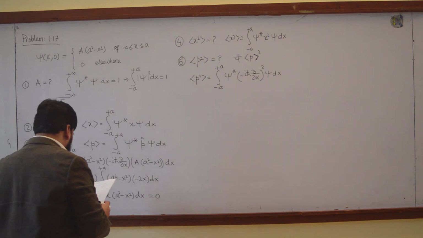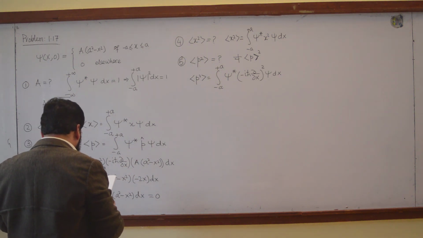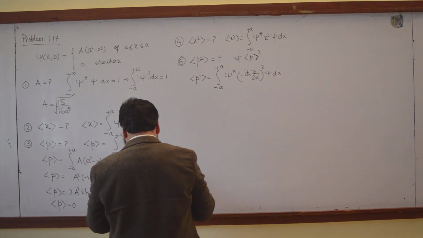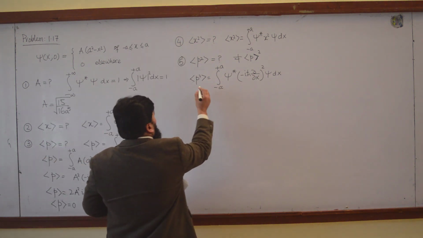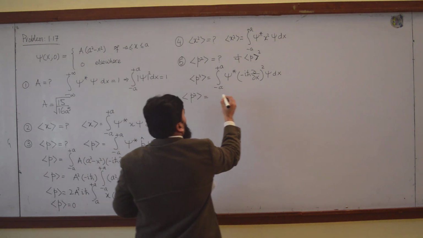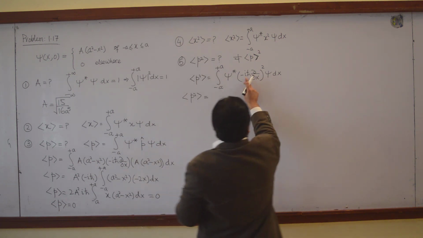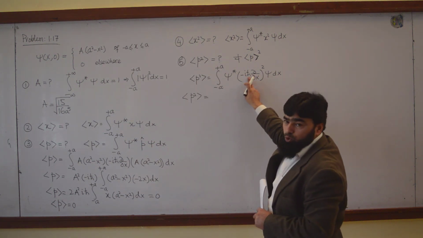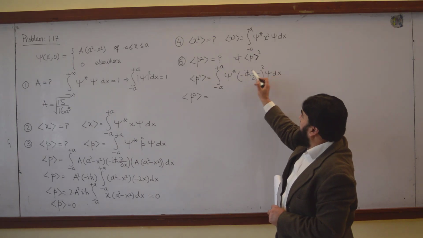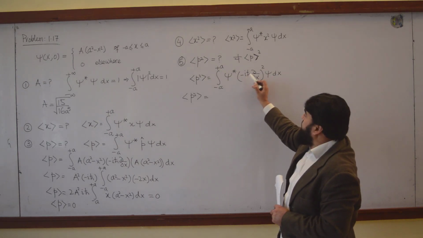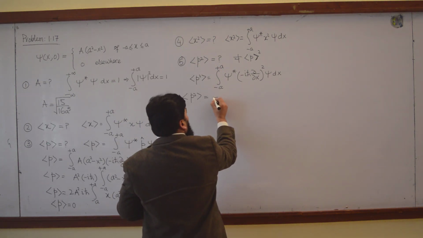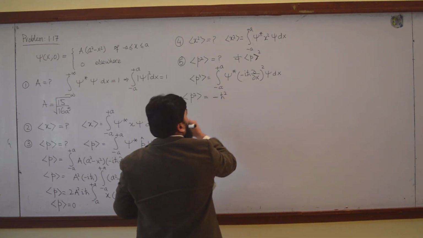So now I can further solve this thing, put the values in here, and this will be p squared equal, now minus i h bar whole square. The very first thing, do this one. Minus square is plus, i square is minus. So it is minus h bar square.